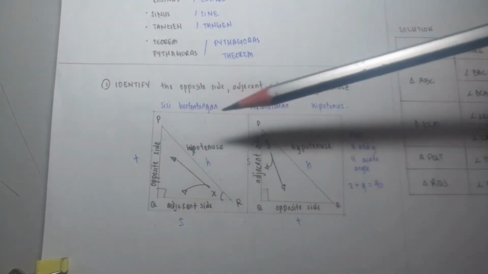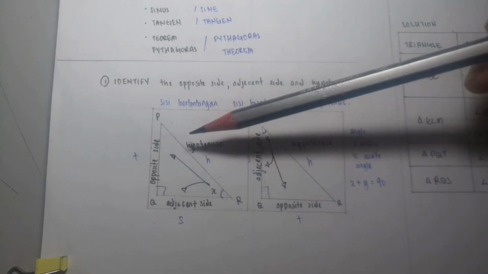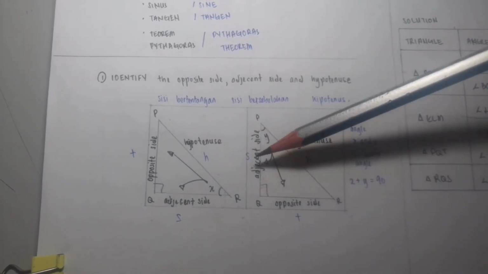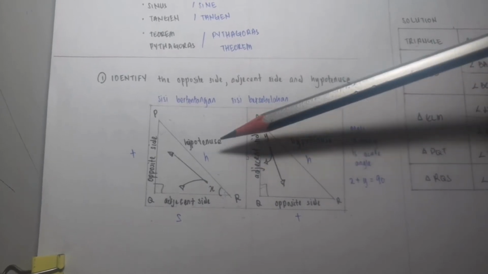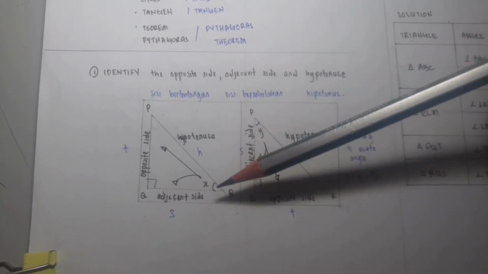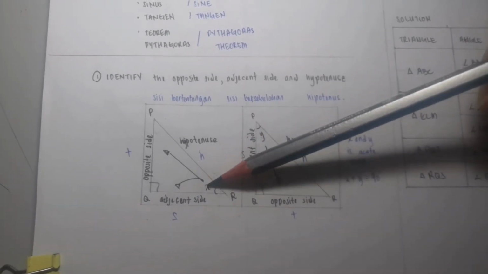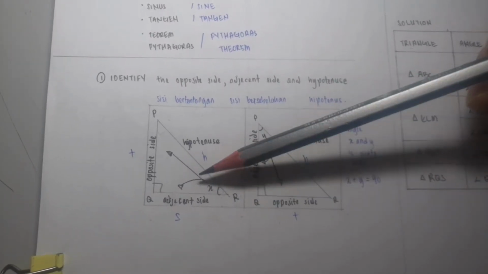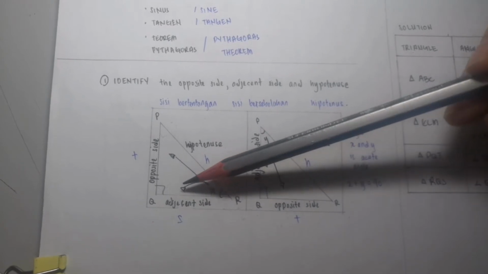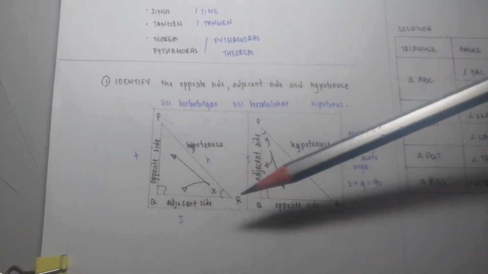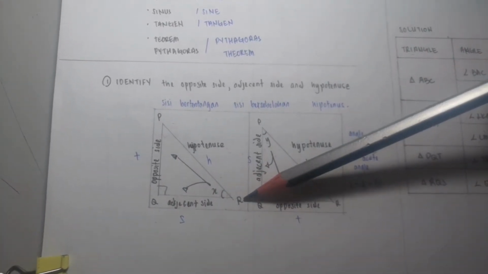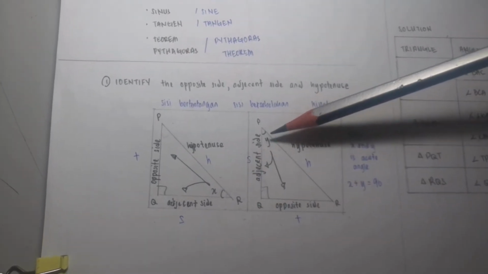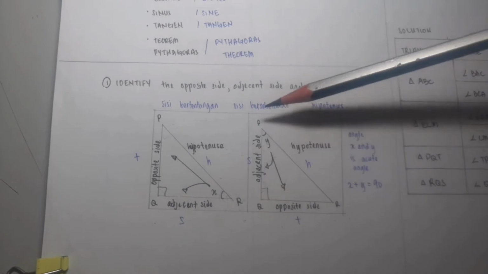So let's find out the difference. Besides that, the hypotenuse is the same. The difference here is when x is the angle at R, the adjacent side is QR. But when we change the angle into y, the adjacent side is QP.